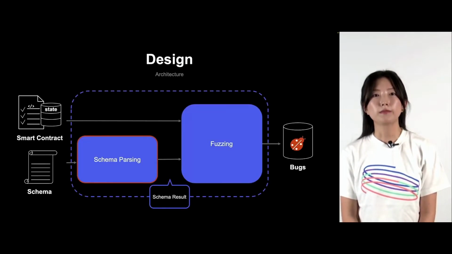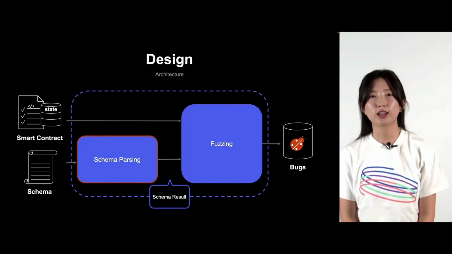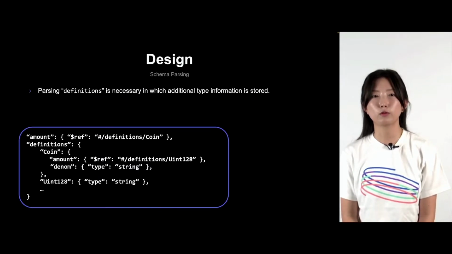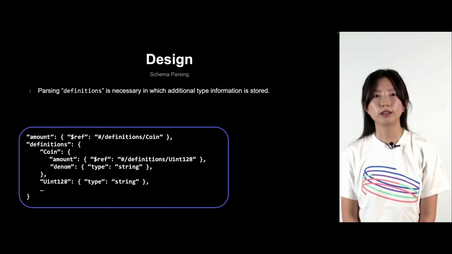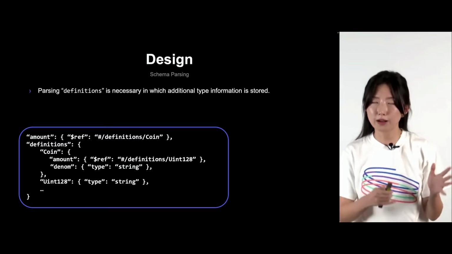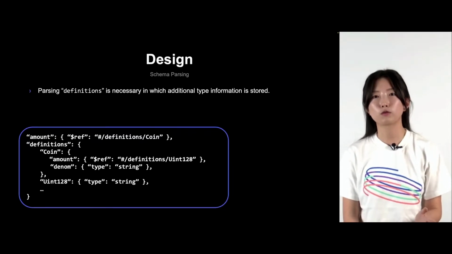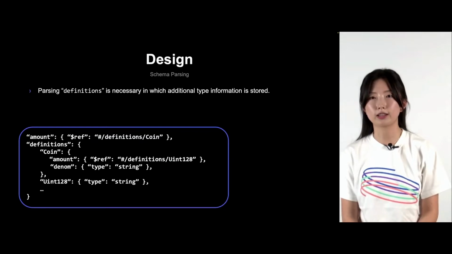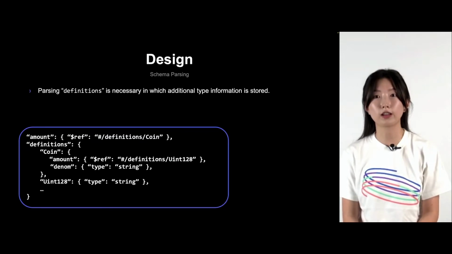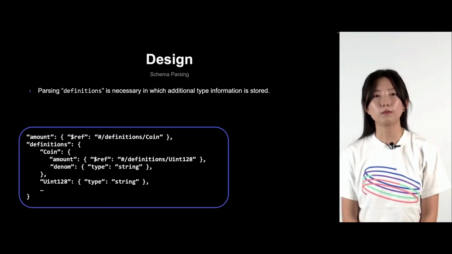Let me talk about the schema parsing engine. When you call a function in the smart contract, it is called in the form of a transaction. To create the right transaction, you have to consider the adequate function name and variable type. So it's essential to parse the schema file. But the schema file stores which types of variables must be called together.